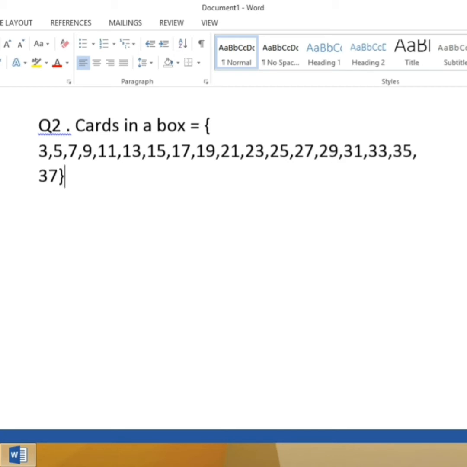So all are odd numbers from 3 to 37. So the total number of outcomes, if you count, is going to be 18 cards.